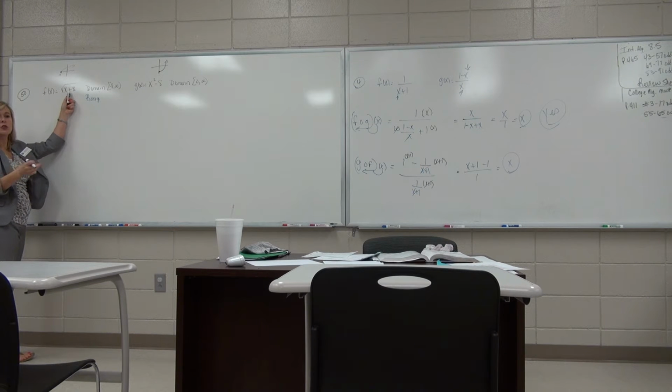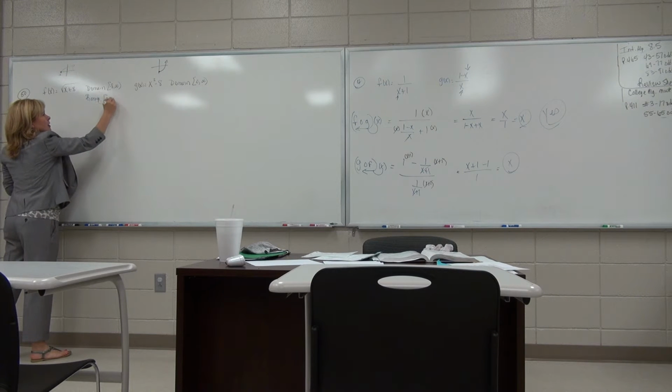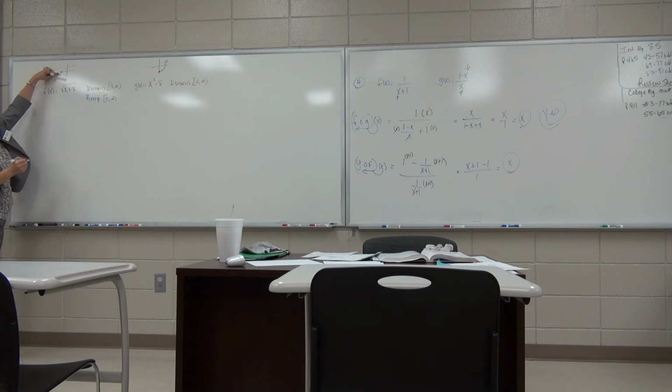No. So what kind of answers do you always have to get? Positive, right? Looking at this picture, what's your smallest y value? 0, and it goes up, right? So on this one, your domain would be from -8 to infinity. Your range is from 0 to infinity, correct?